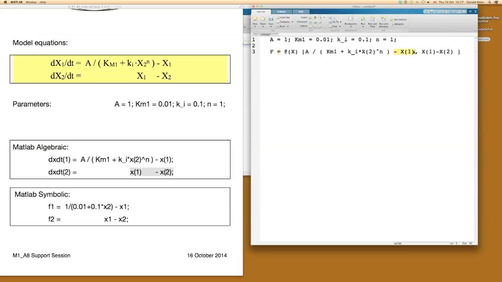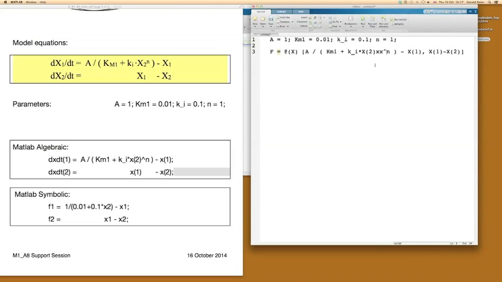And we have now completed it by saying minus x1. So our first differential equation, which you can see on the left side, is now completely written into our function definition. Our second differential equation is also put into our function definition completely, separated by a comma from the first and taken together by the square brackets.